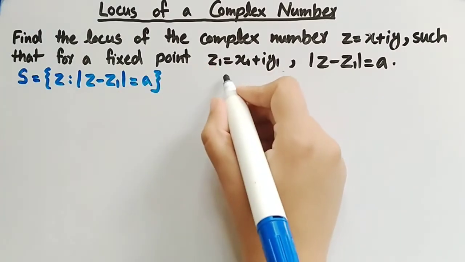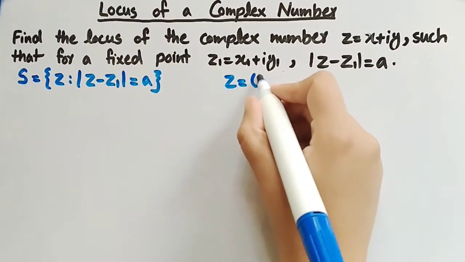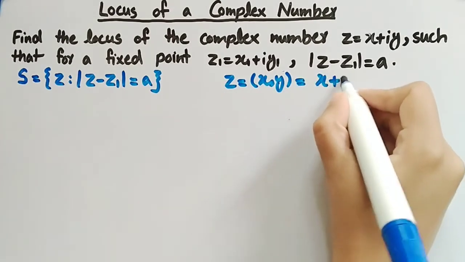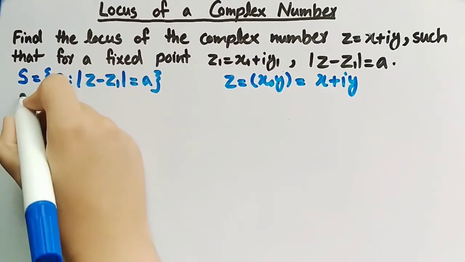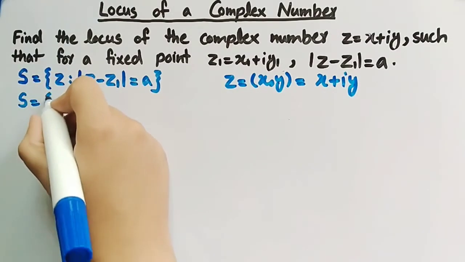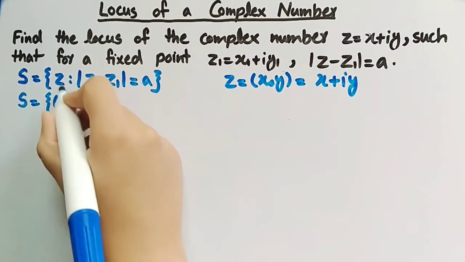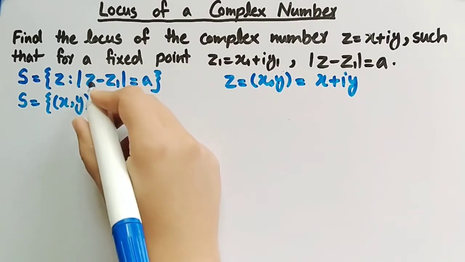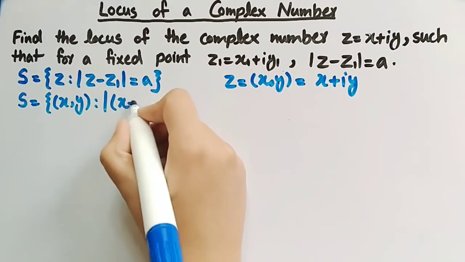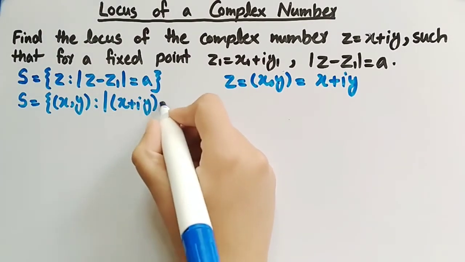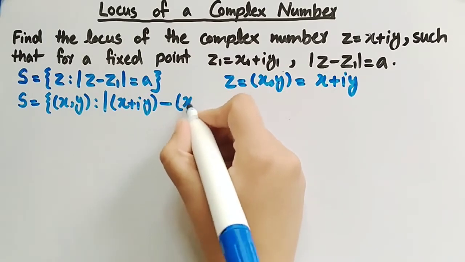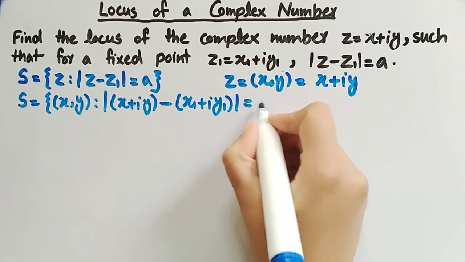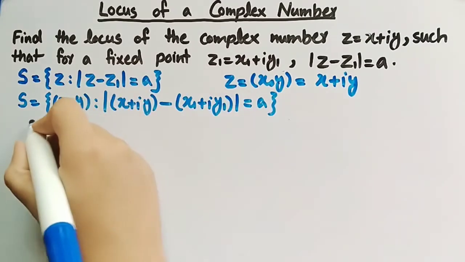We know that a complex number z can be written as the ordered pair (x, y) or x + iy. So we will write S as (x, y), replacing the value of z, such that mod of x + iy minus z1, which is x1 + iy1, is equal to a.